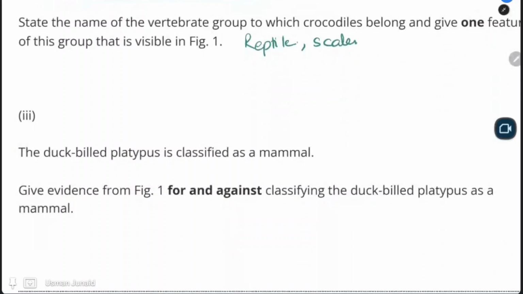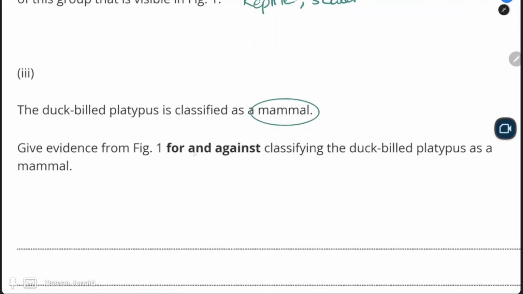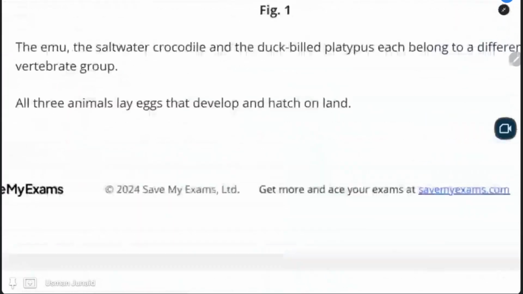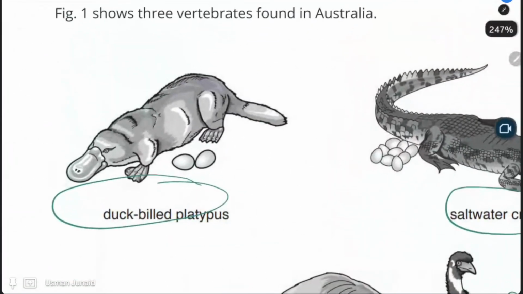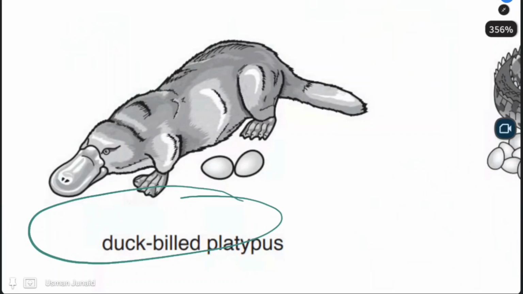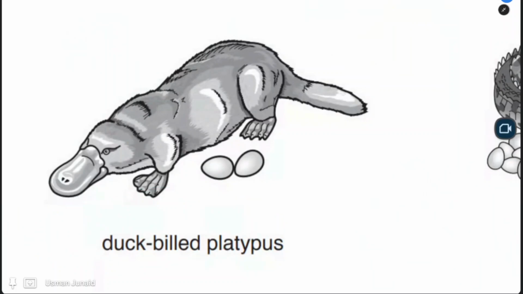The duck-billed platypus is classified as a mammal, so it's an odd one out. Give evidence for and against classifying the duck-billed platypus as a mammal. It says from figure 1. So let's look at figure 1 of a duck-billed platypus and say why it is a mammal and why it should not be a mammal, right?